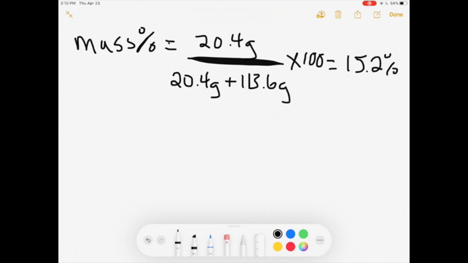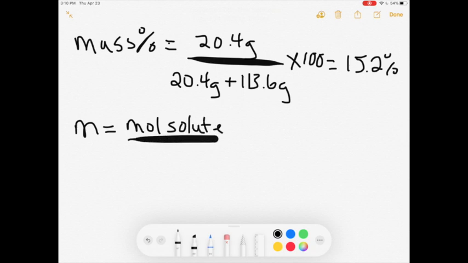Let's do molality. So molality is new. Molality is a little m, and it is moles of solute divided by kilograms of solvent. Okay. So we have mass of our solute, but we don't have moles. So that's a pretty easy fix. We just have to use molar mass to go from grams to moles.